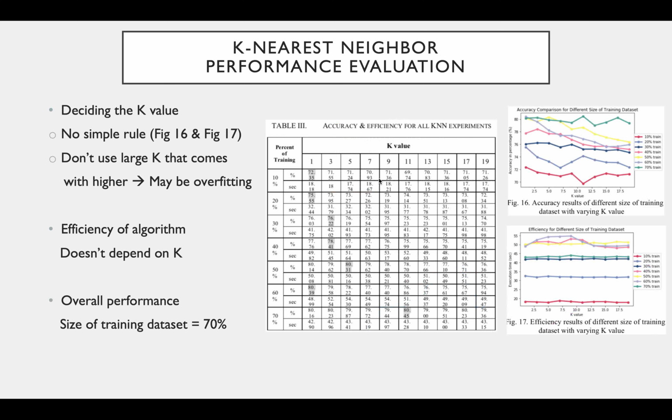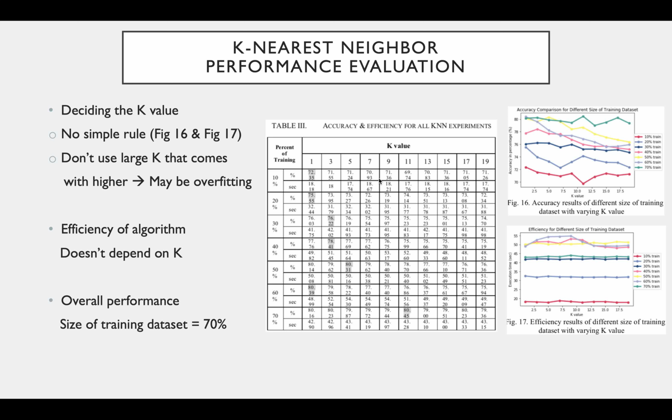Next, the performance evaluation of k nearest neighbor. First we want to see how to decide a k value. From the figure and the table shown on the right, we can conclude that there's no simple rule to decide which k value we should select.